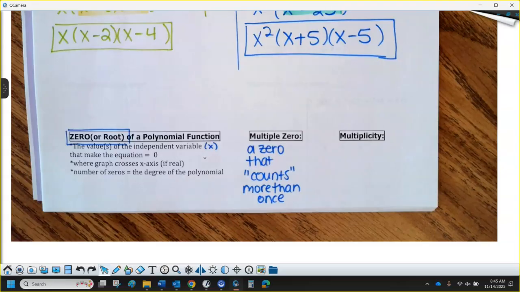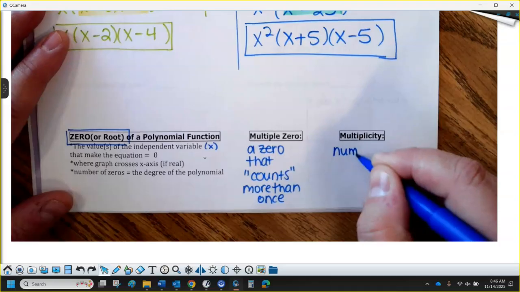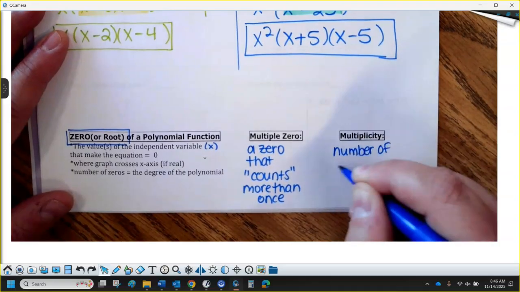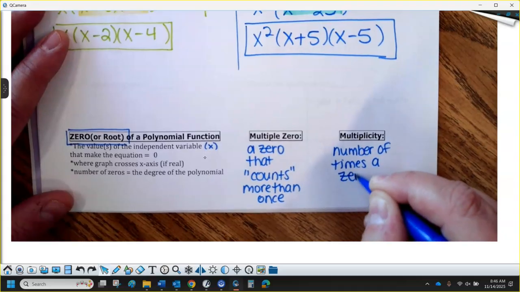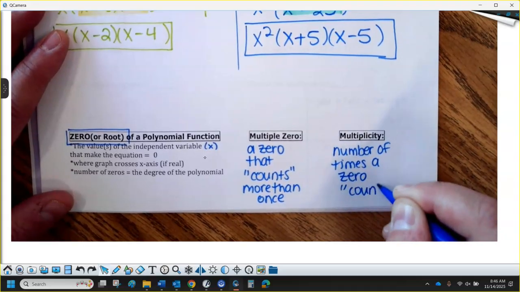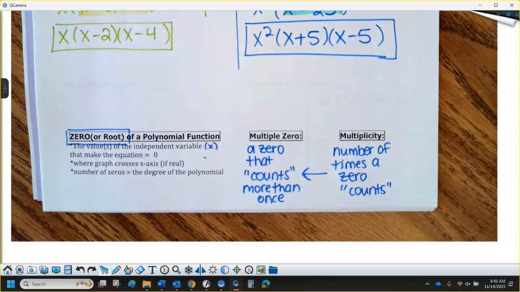This will make sense in a second. What we call the multiplicity is the number of times a 0 counts, as I was referring to for the multiple 0. So that's what a multiplicity is. It's super easy to do. It's literally just you identify an exponent. I promise that's not hard.